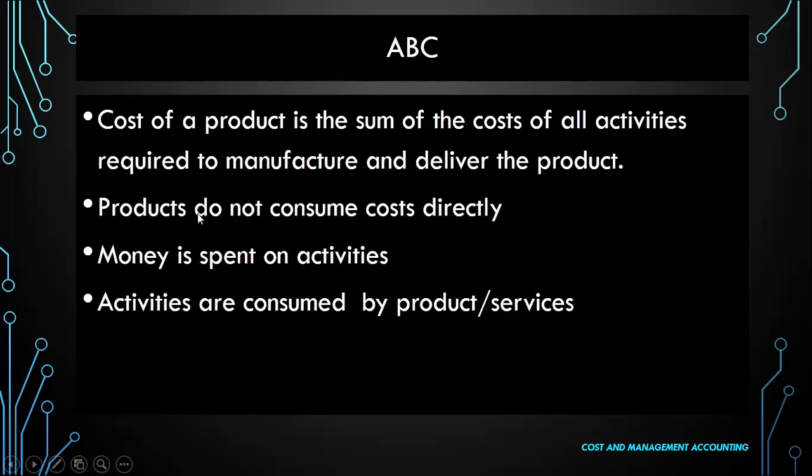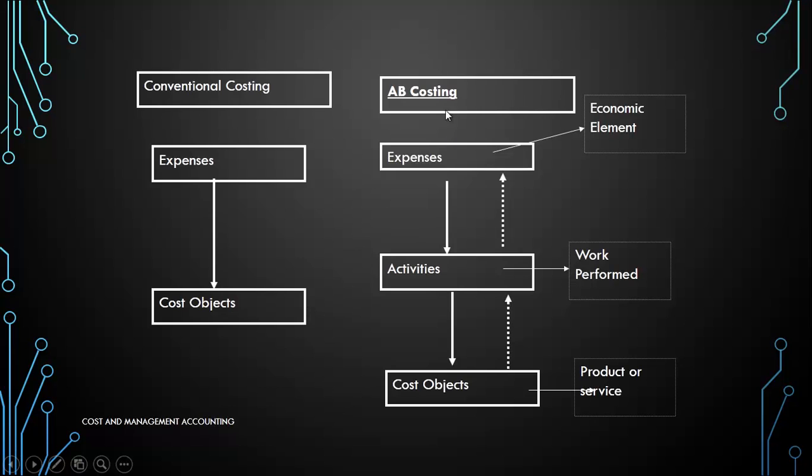It says that the products do not consume cost directly. The costs are incurred on the activities and activities are consumed by these products. So in ABC, we bring in the activities in between the expenses and the cost object.